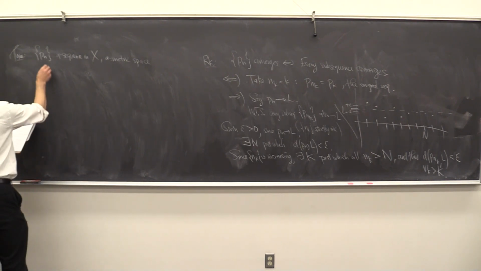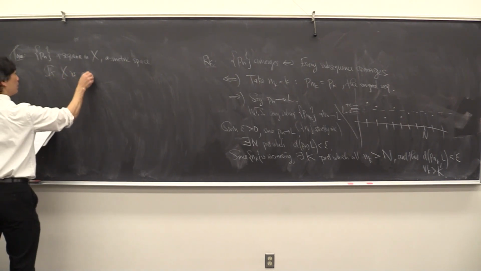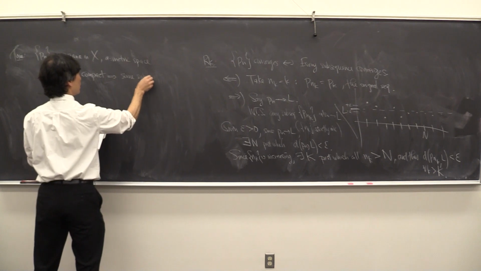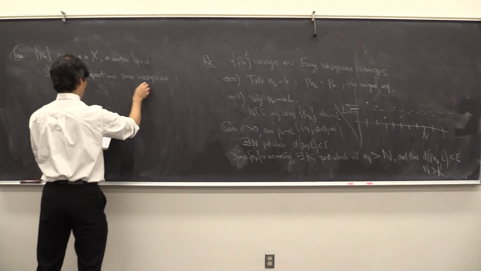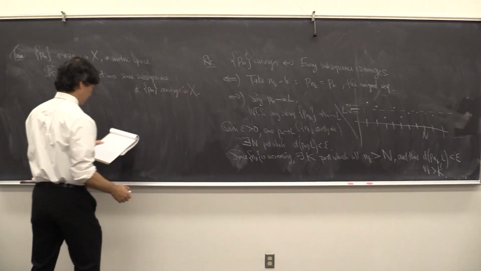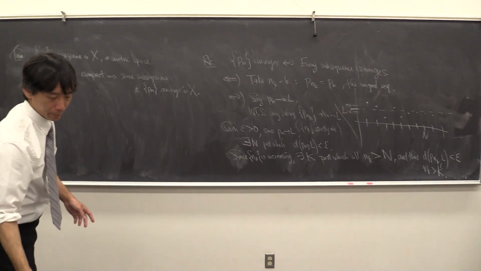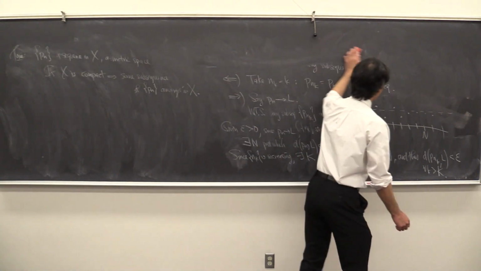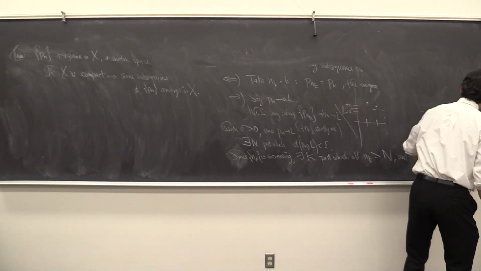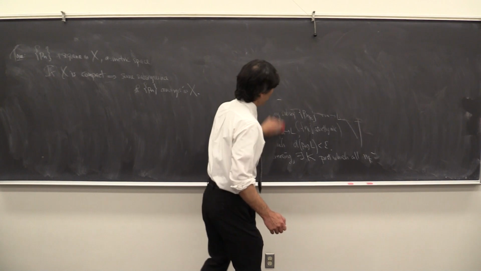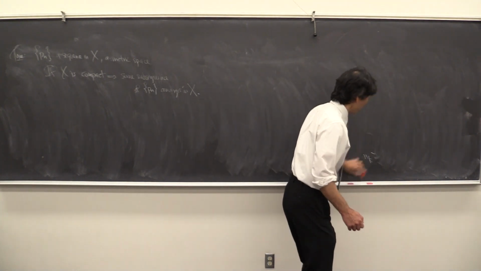Then if X is compact, then some subsequence of P sub n converges to X. Okay, so I'll let you think about it for a minute and see if you can come up with some ideas. You don't have to prove the whole thing, but just think of some things that might be relevant.